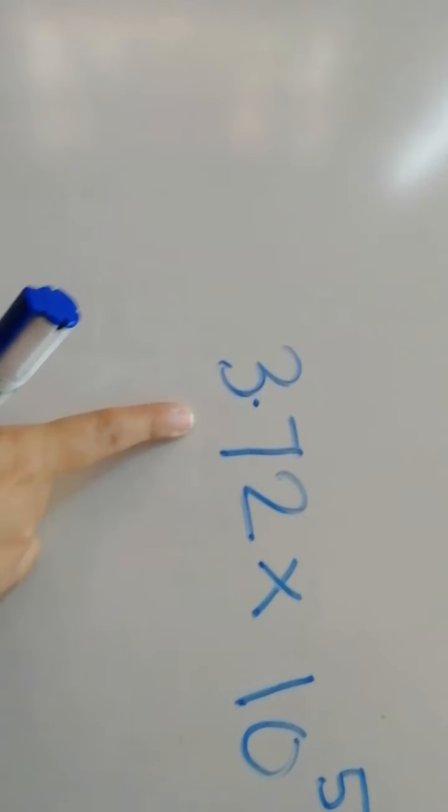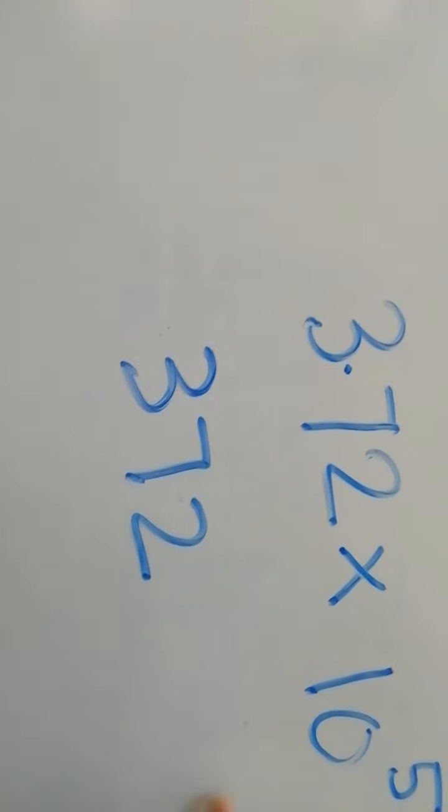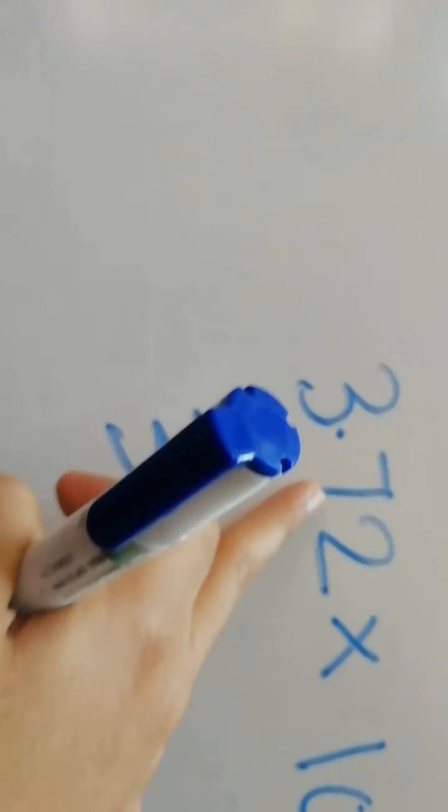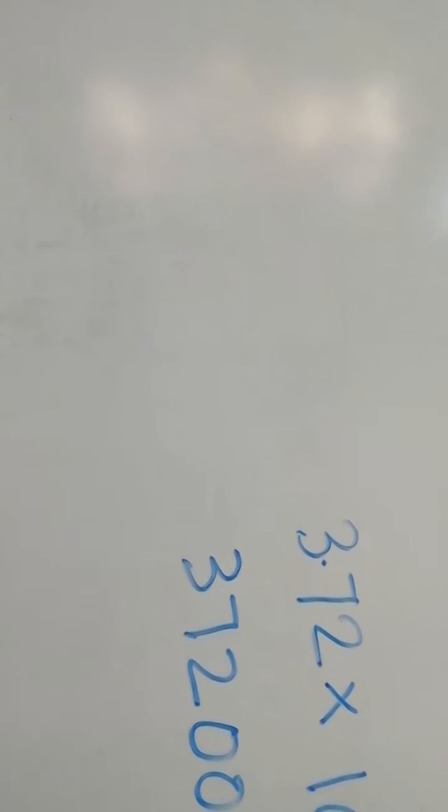Now I want to convert this into normal form. So what will I do? 3.72, that 372 will stay like this, and this is power 5. So after decimal how many numbers? 1 2 3 4 5. So 3 zeros. So total 372 and 3 zeros.